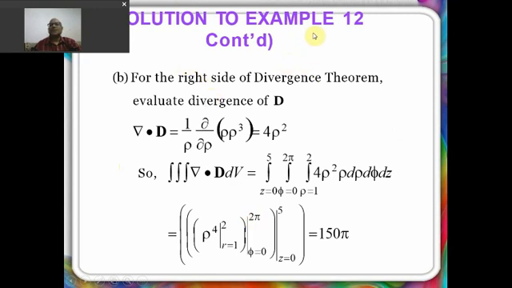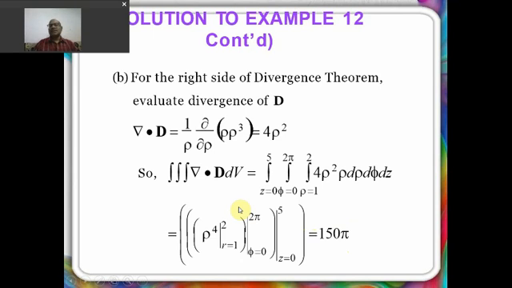The second example is the right side of the divergence theorem: evaluate the divergence of D, del dot D, and then put the value. We find del dot D as 4 rho square, and we can easily find it. Again it is 150 pi when we take the volume integral.